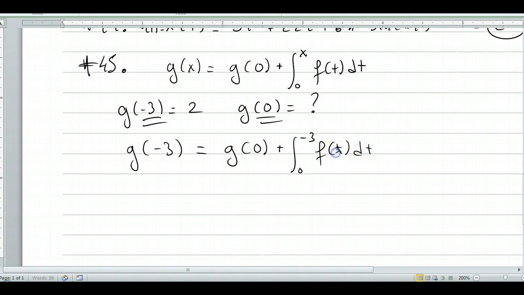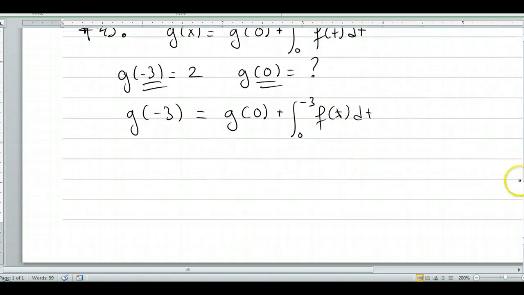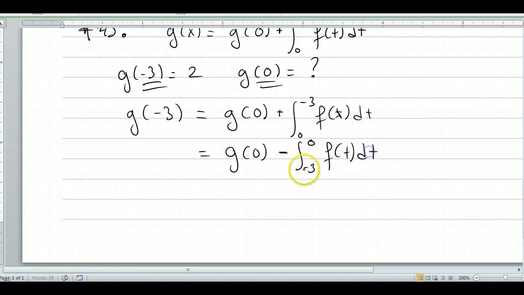Okay, so let's flip it. It's g of 0 minus the integral from -3 to 0 of f of t dt, and this is the area of a triangle, right? Base 3, altitude 4, so it's 1/2 of 3 times 4, which is just 6.